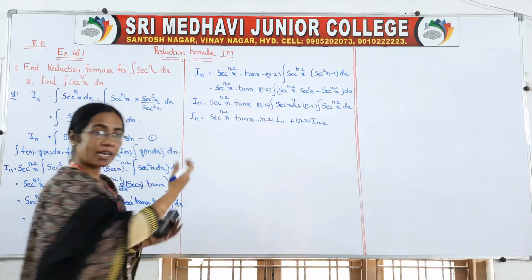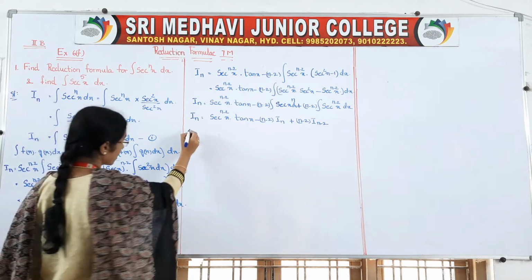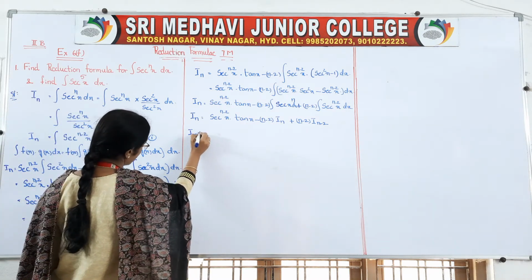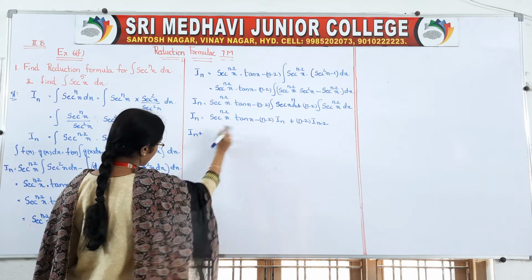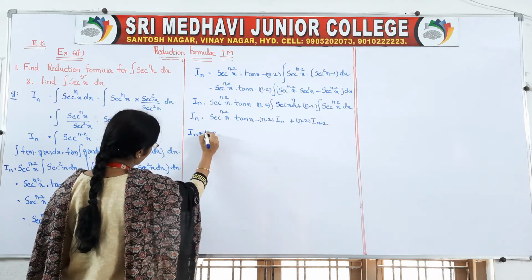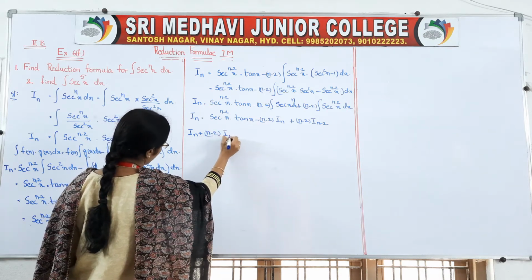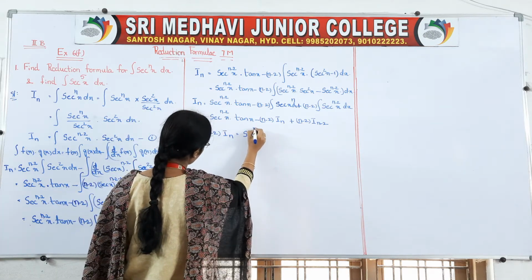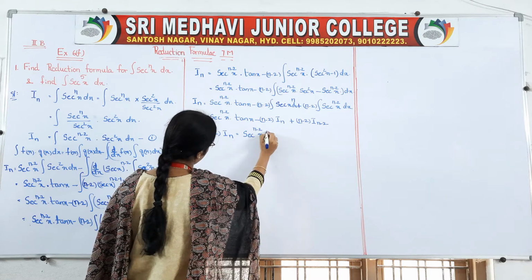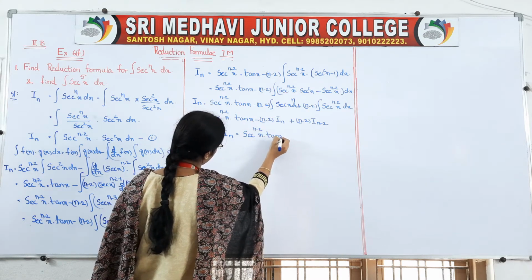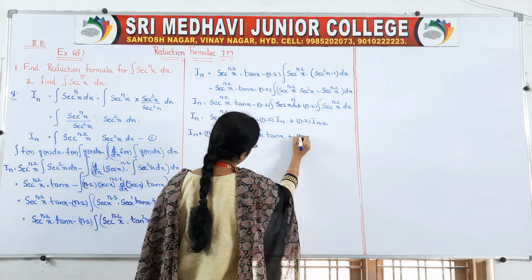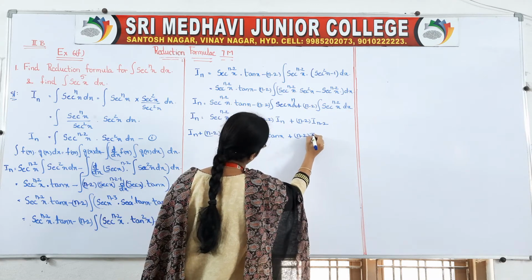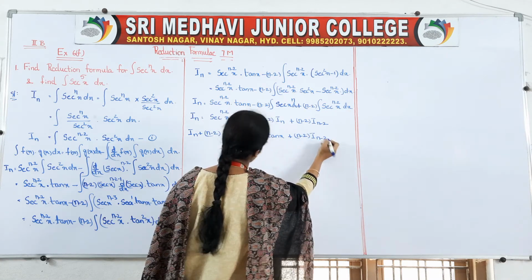So try to write In terms together. This side you bring to that side: In plus, this is minus, if it comes this side it will be plus n minus 2 In is equal to secant to the power of n minus 2 x into tan x plus n minus 2 into I(n minus 2).